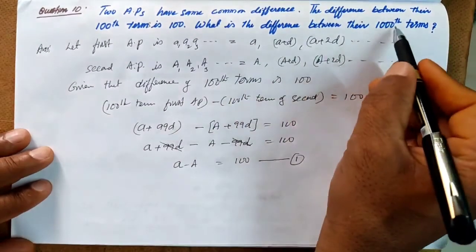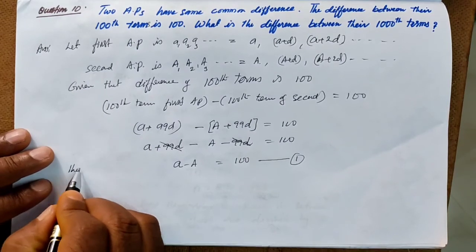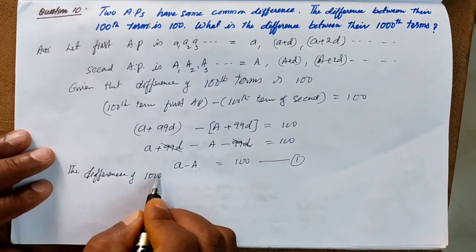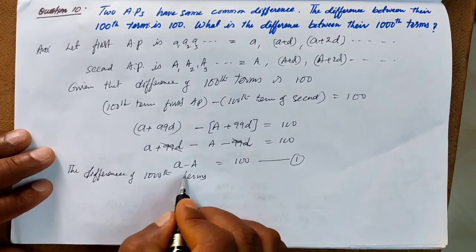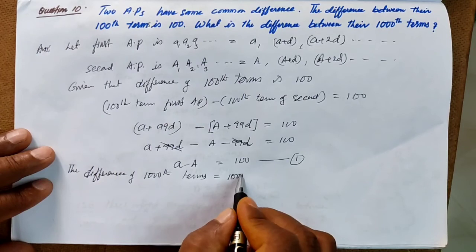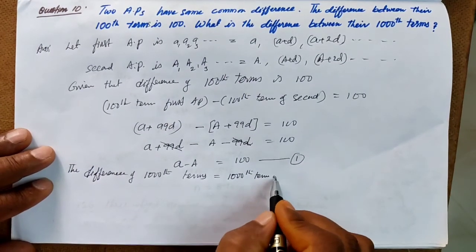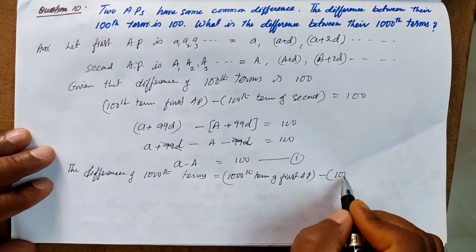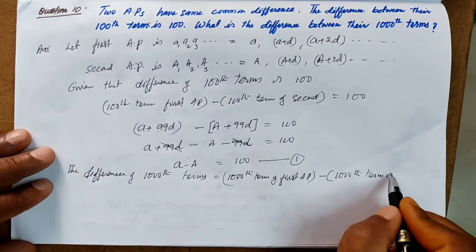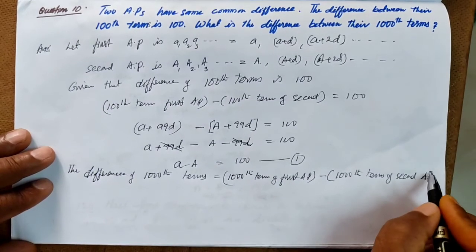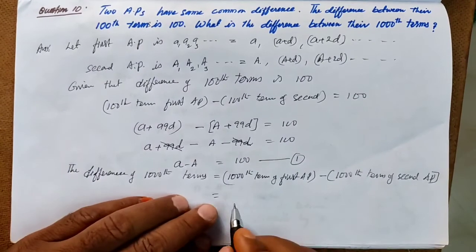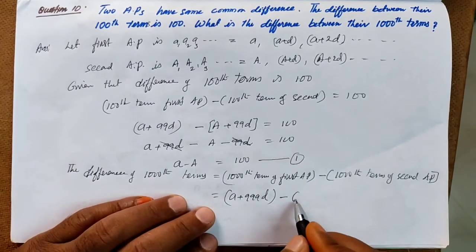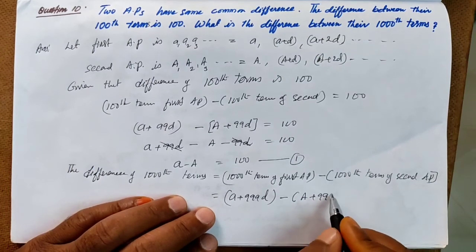Now the difference of their 1000th terms is equal to the 1000th term of the first AP minus the 1000th term of the second AP, which is equal to a plus 999d, this is the first term, minus the second term, capital A plus 999d.